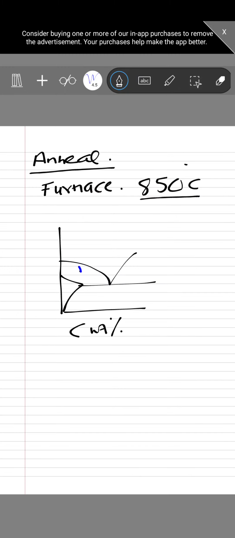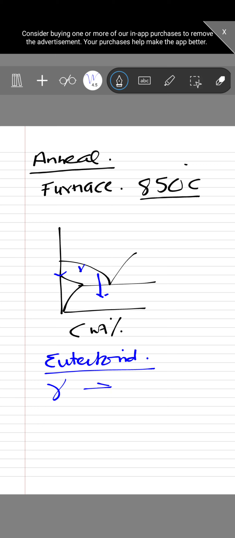We would like to cool it from austenite so that a eutectoid transformation takes place. That means the austenite is converted into two solids, solid to solid: one is ferrite, another one is cementite, Fe3C.